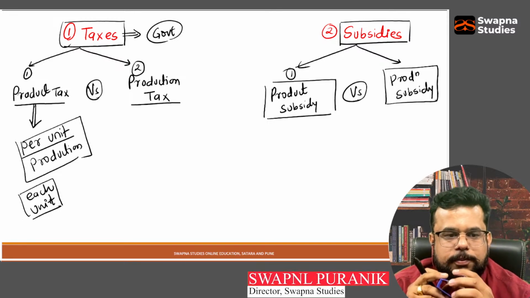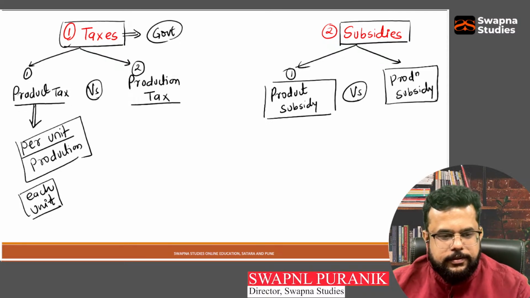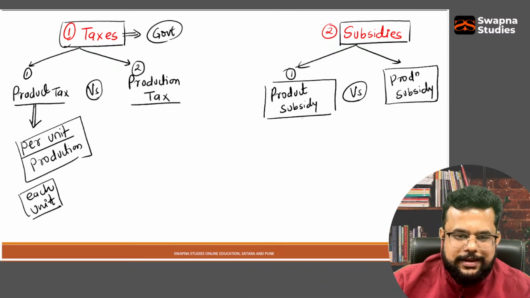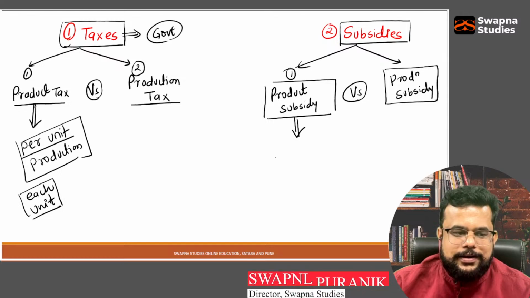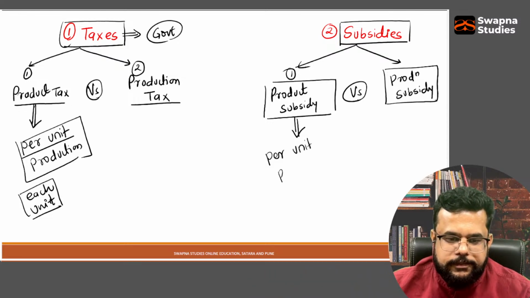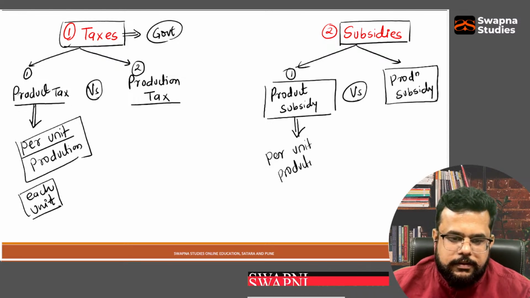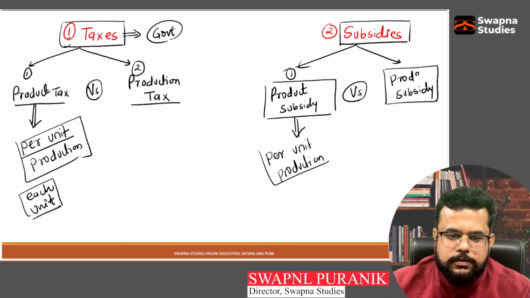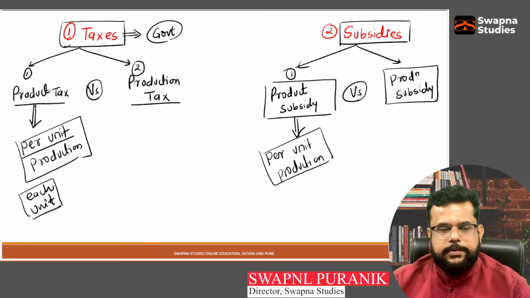And let's talk about product subsidy. Product subsidy is also the same thing. Whenever subsidy is provided, it is provided on per unit of production. Product subsidy is provided on per unit of production.